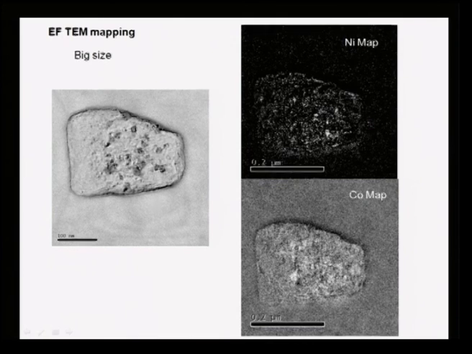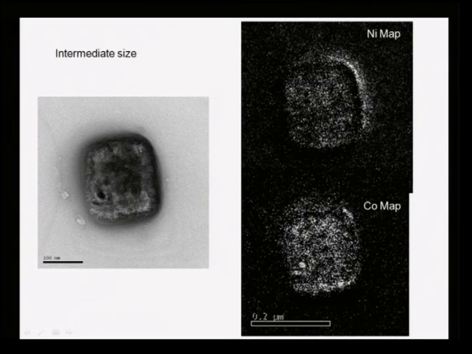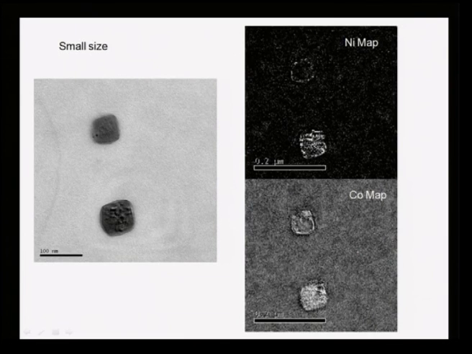And if you go to an intermediate size, you can see the nickel quantity is still less than the cobalt in those particles. Nickel and cobalt maps like these are impossible in EDX, because their atomic numbers are nearby. If you go to very small particles, look at this one, the nickel and cobalt distribution is almost uniform. You may ask me, what is the need of doing this?